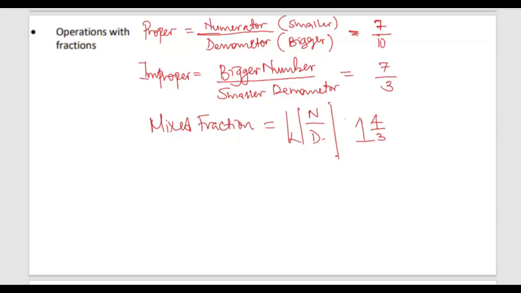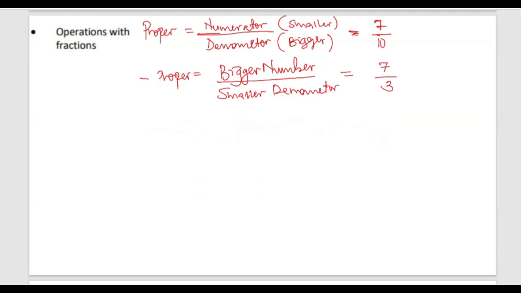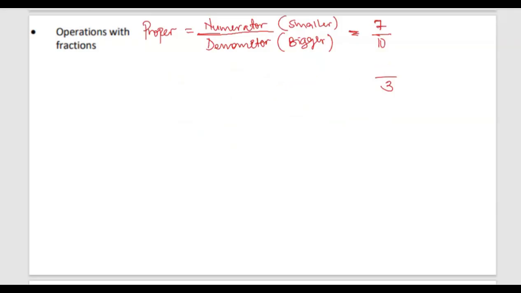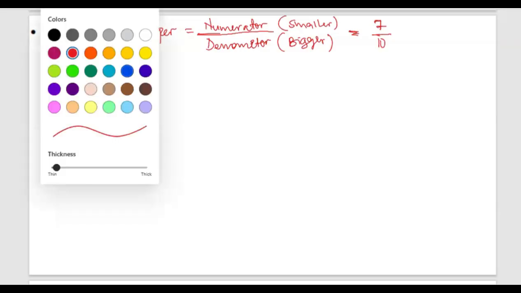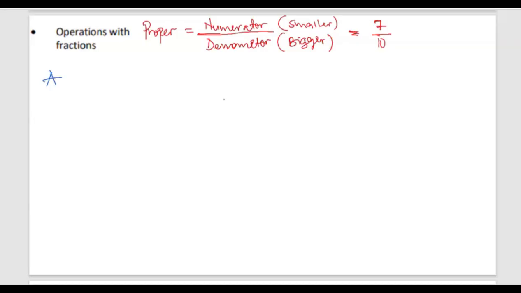I want you to understand that fractions can also be divided, added, subtracted, multiplied, but there are some principles that we follow when we are doing that. We are going to look at that. Doesn't matter whether it's a proper or improper fraction. When we are dealing with fractions, example one, addition of fractions.